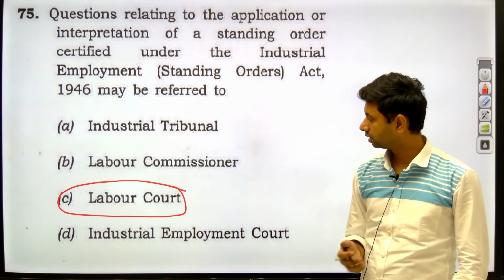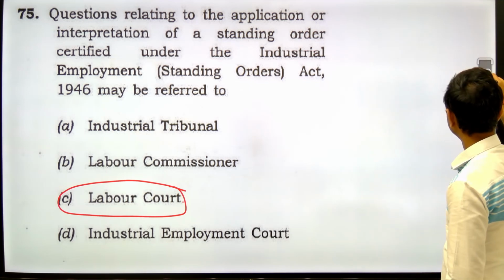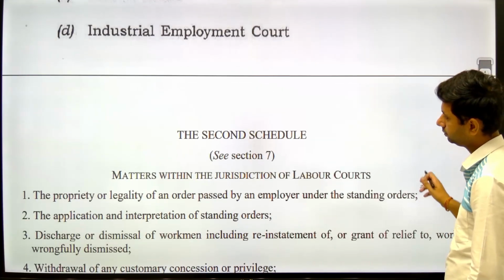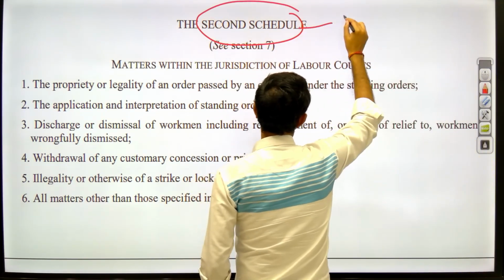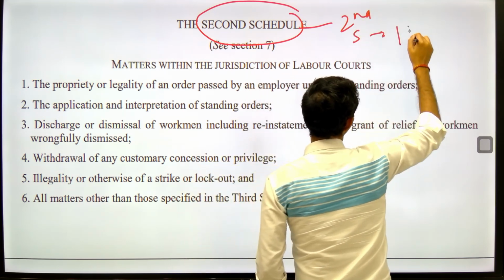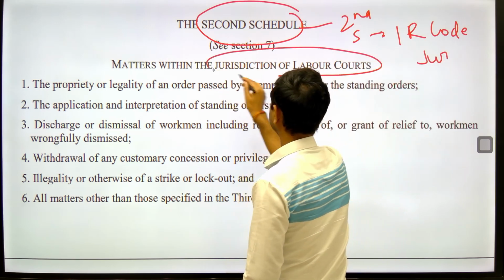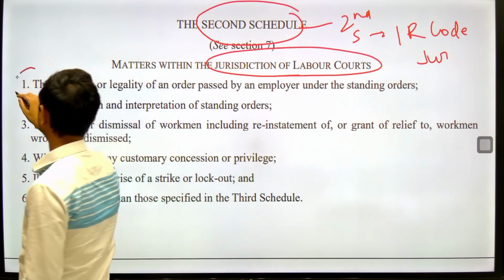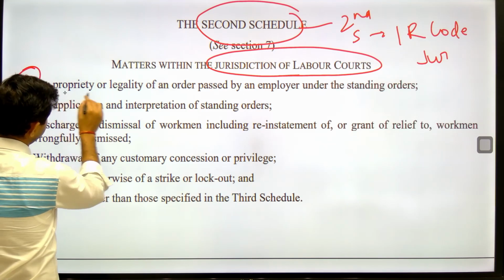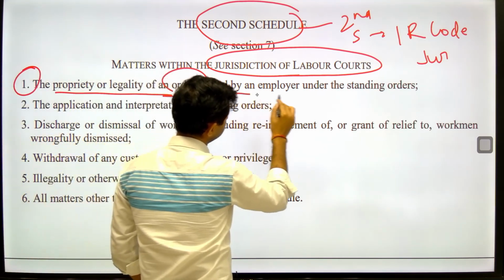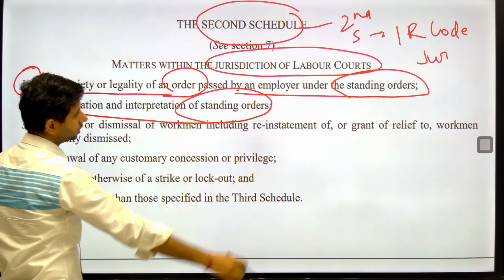What is the jurisdiction of the Labor Court mentioned under the Industrial Relations Code? Let's see. Under the second schedule of the Industrial Relations Code, the jurisdiction of labor courts, the first thing asked in the examination is the propriety or legality of an order passed by an employer under the standing orders, or the application and interpretation of standing orders.